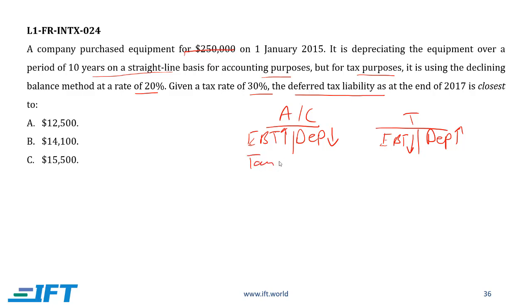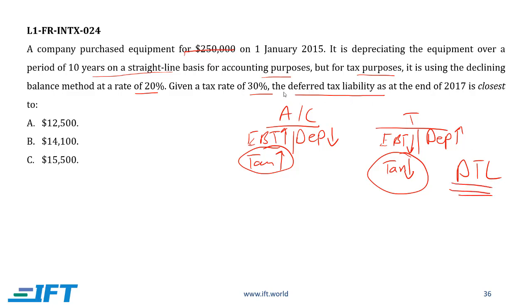Your taxes in the accounting books would be higher and in your tax books your taxes would be lower. So if you're paying less taxes than what you should be paying, then what is being generated? Deferred tax. First of all, we need to understand why this deferred tax liability is being generated.